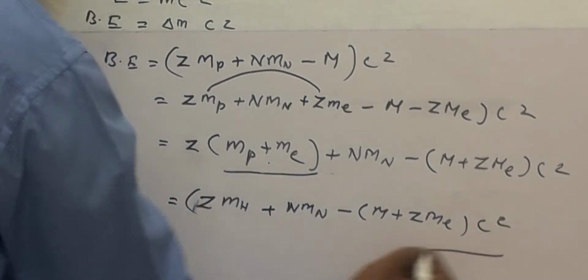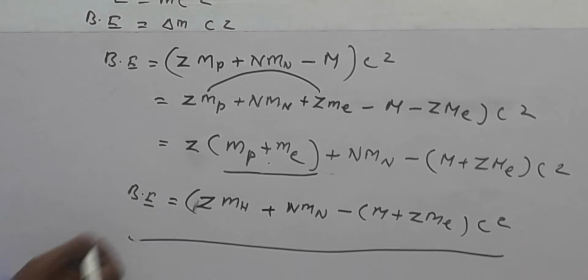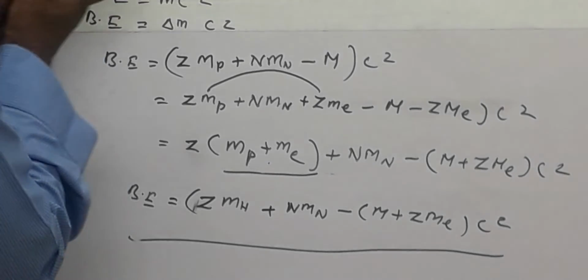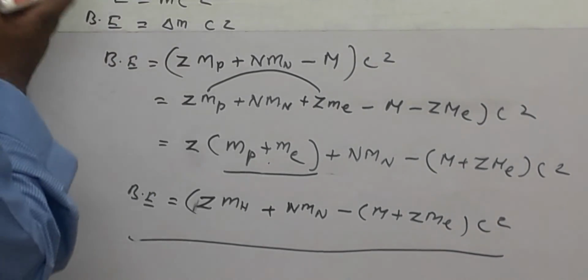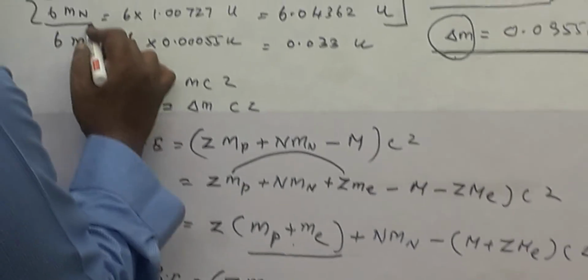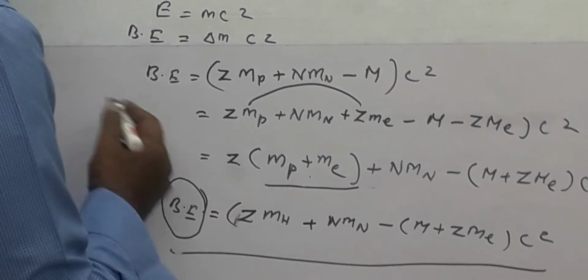This is the final equation for the binding energy. This amount of energy is needed to bind the proton and neutron together as a nucleus. That's why this energy is said to be binding energy.